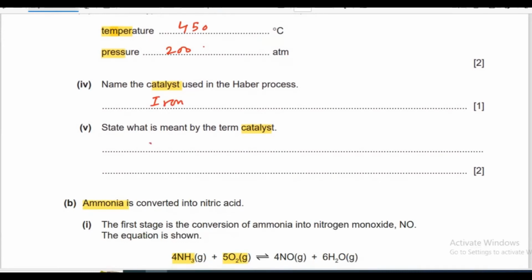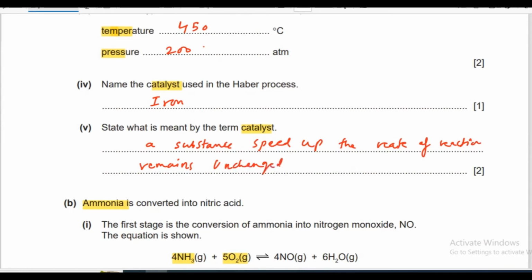A catalyst is a substance which speeds up the rate of reaction without being used up itself. It remains unchanged at the end of the reaction.